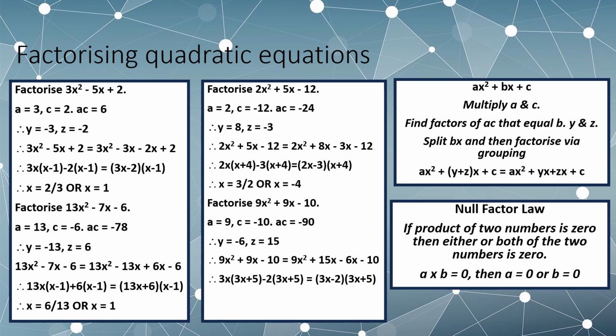We can see that 2 goes into both of those, leaving us with negative 2 multiplied by 3x plus 5. Grouping them back together, we have 3x subtract 2 multiplied by 3x plus 5. Applying null factor to finish off, we have x is equal to 2 over 3, or x is equal to negative 5 over 3.